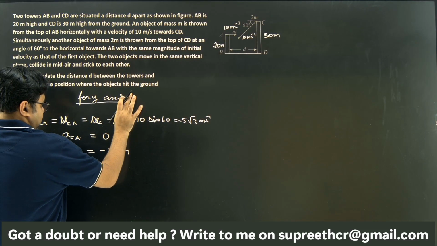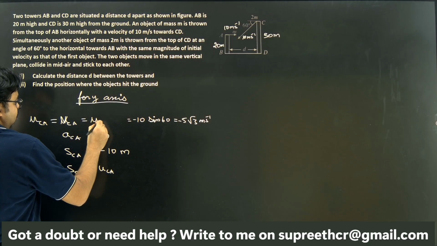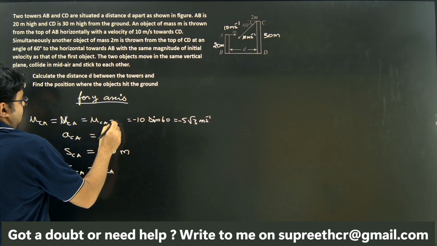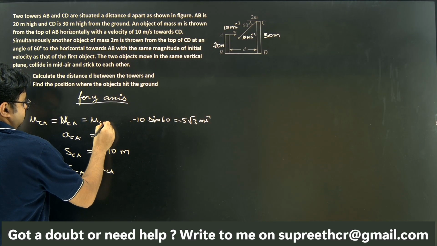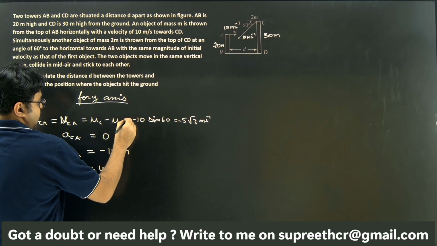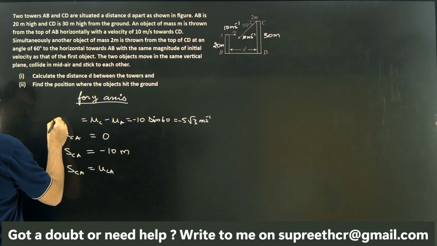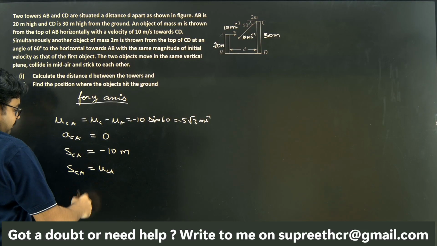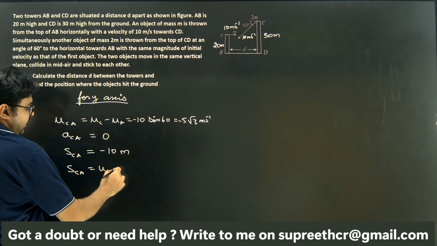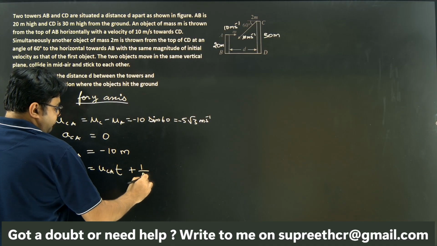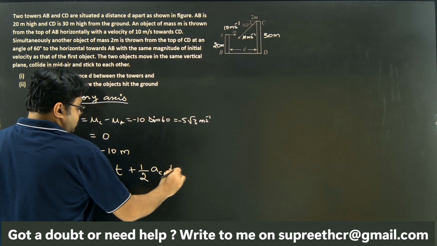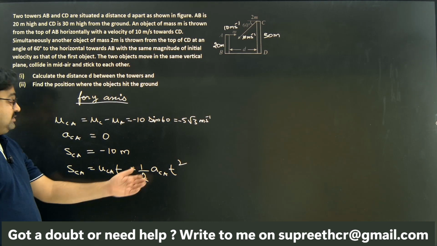UCA is UC minus UA. Fine. SCA is equal to UCA into T plus half ACA into T square. But we know that ACA is 0, which means this term goes to 0.